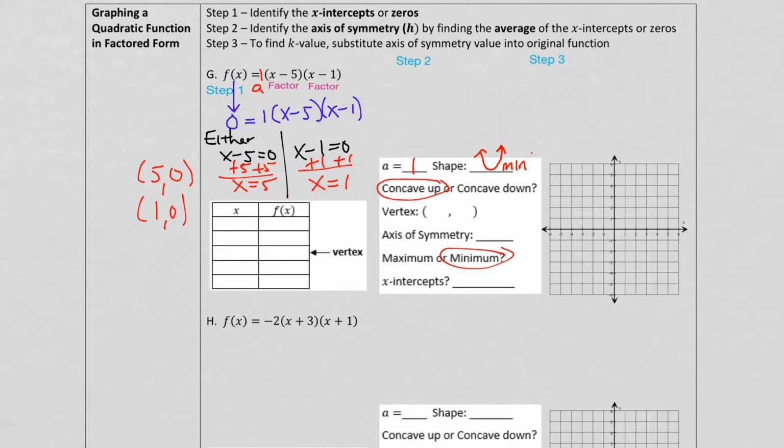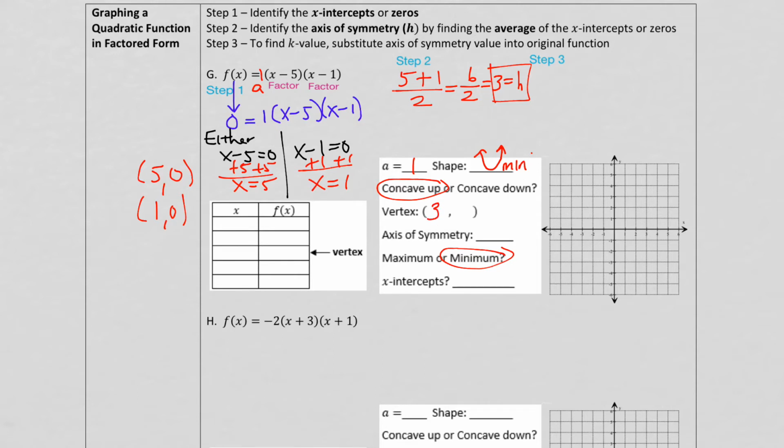So I'm going to take the 5 and combine it with the 1, and divide by 2. I get 6 divided by 2, that's 3. And I just found the h value of the vertex. So now this is a 3.